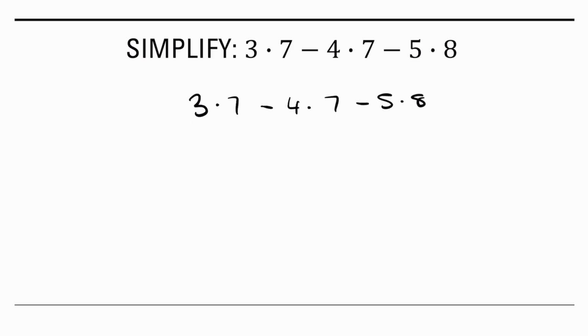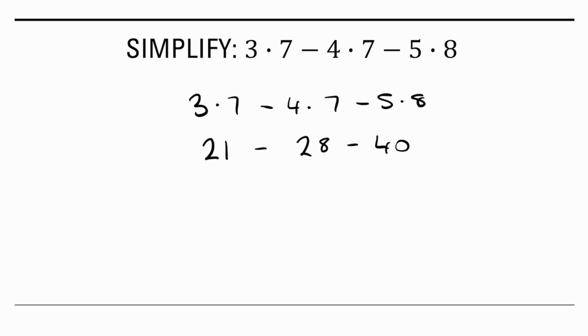I'll do them all at once, but we've got to make sure we retain the signs in between those multiplications. So what we would have here would be 3 times 7, which is 21, minus 4 times 7, which is 28, minus 5 times 8, which is 40. If you have any trouble with multiplication, we've got a multiplication video for whole numbers also, and our next video should be multiplication and division with integers, so including those negatives.